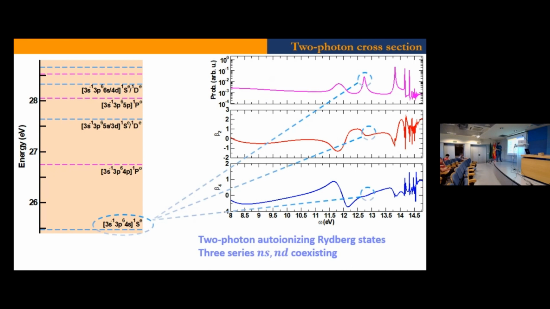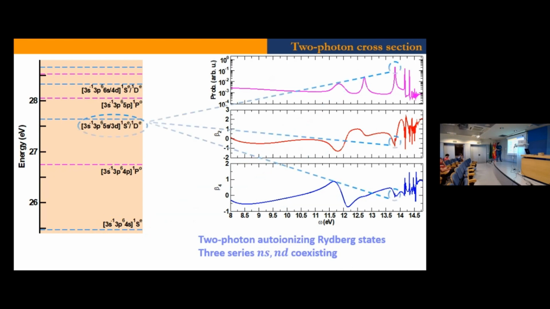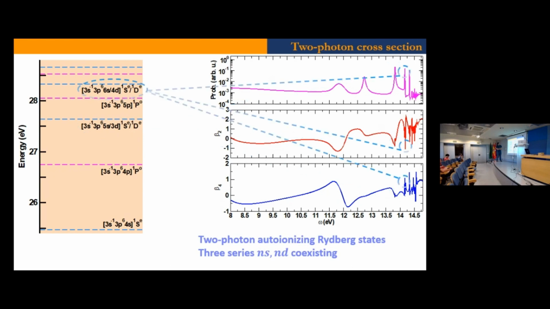That will be the 4S, the NS and ND series. So the first peak will be the 4S. Then you have 5S and 3D, which are pretty close together. It's always very hard to identify which peak is which. You have the next one, 6S, 4D, and so on and so forth.